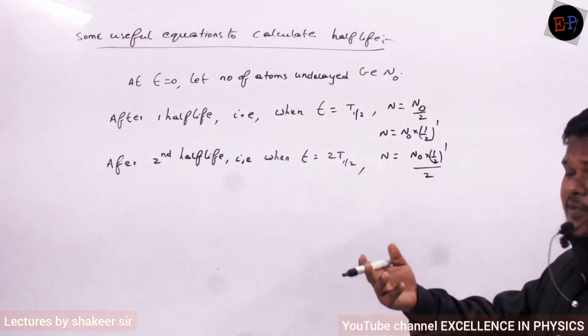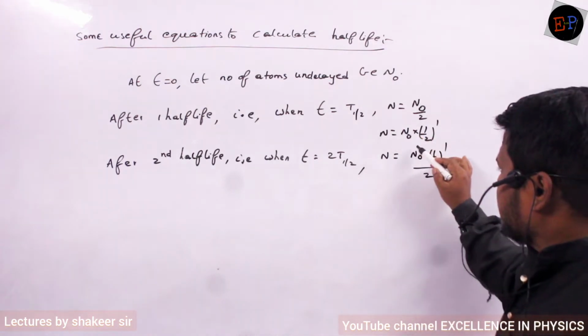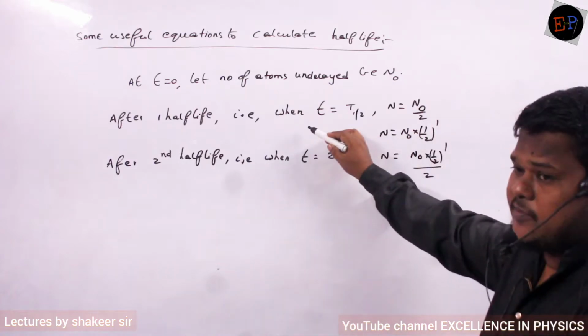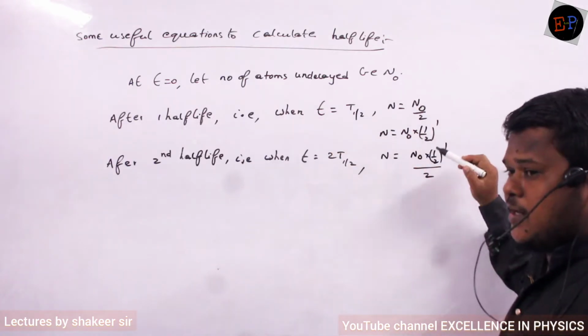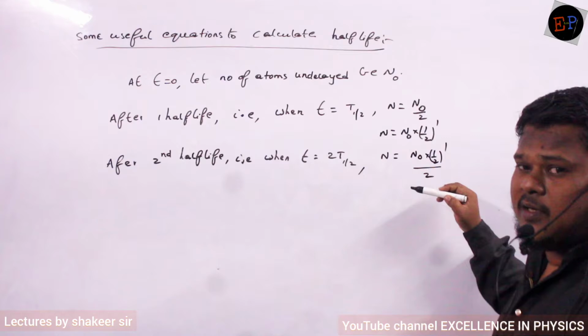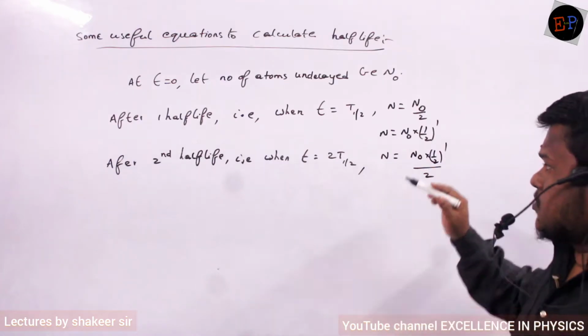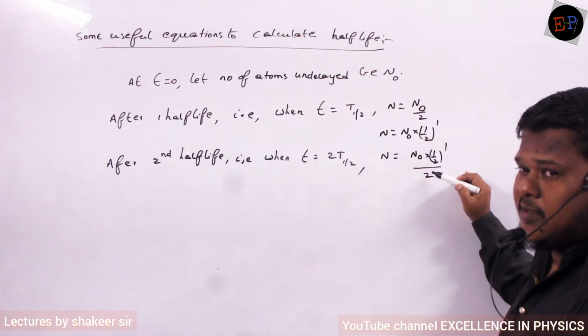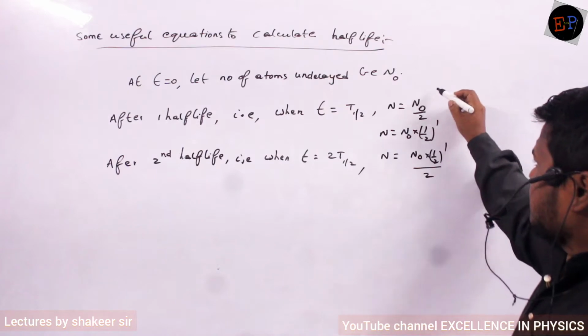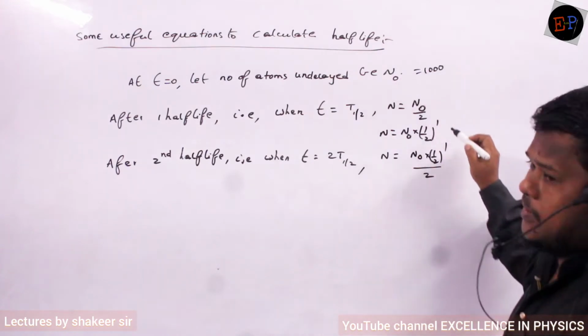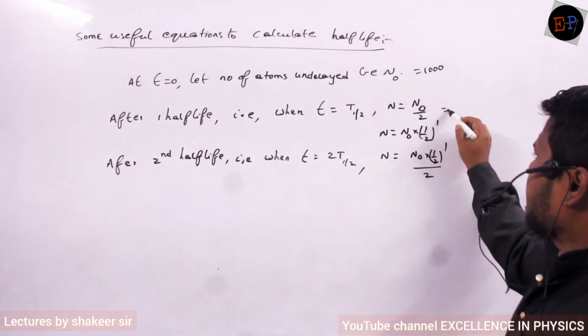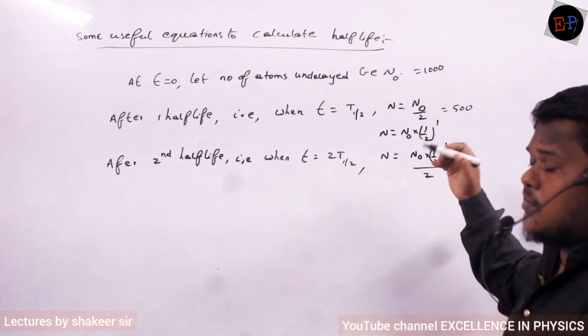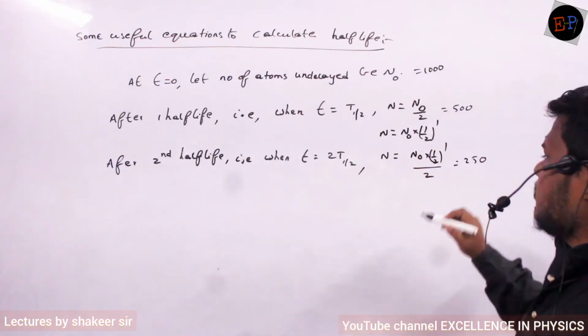After one more half-life, what will happen? This is the total number of atoms which are ready after one half-life, no? And in that half-life, again half of the atoms will decay and half of the atoms will be present. So here we already have half the atoms, and in that, again half. For example, let us take n naught equal to 1000. After one half-life, how many atoms are present? 500. After one more half-life, now it should be 250 only, no?